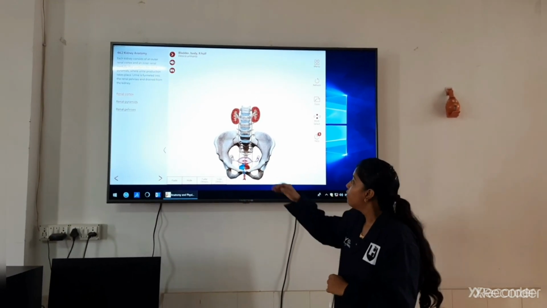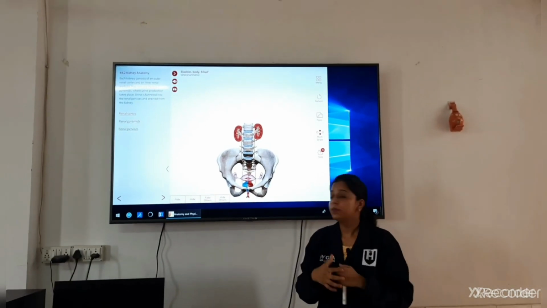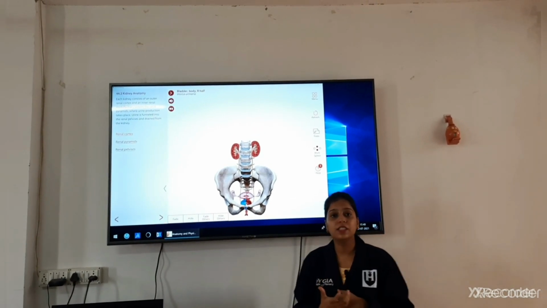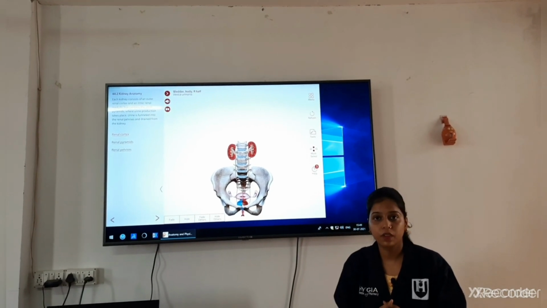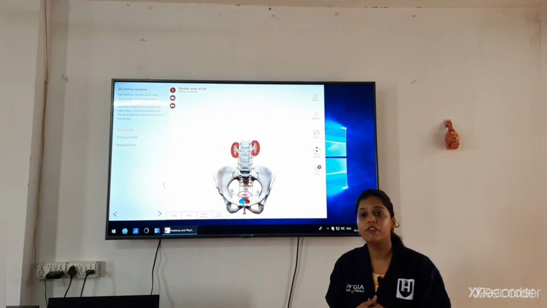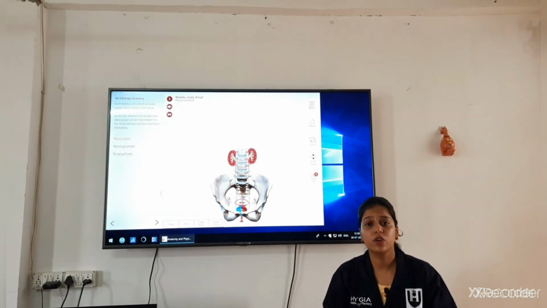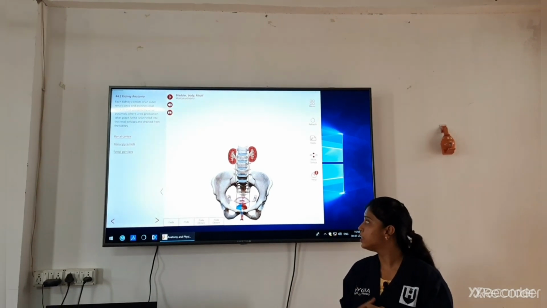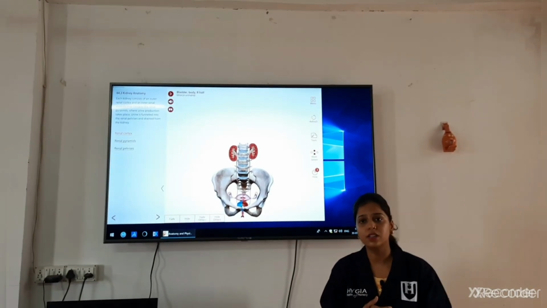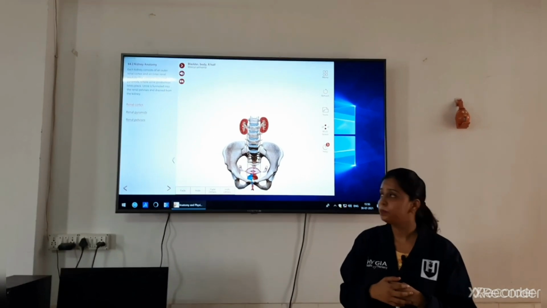When we cut a section of this ureter, we will find that it is surrounded by some tissue layers. Histologically, when we look at this structure, we will find that it is covered by the mucosa layer, muscularis layer, and serosa layer. The muscularis layer has two layers, the circular and longitudinal layer.